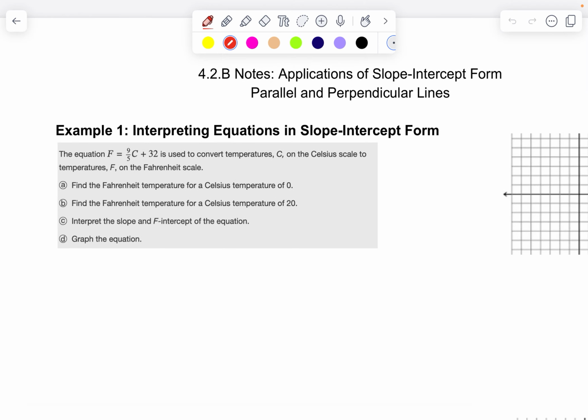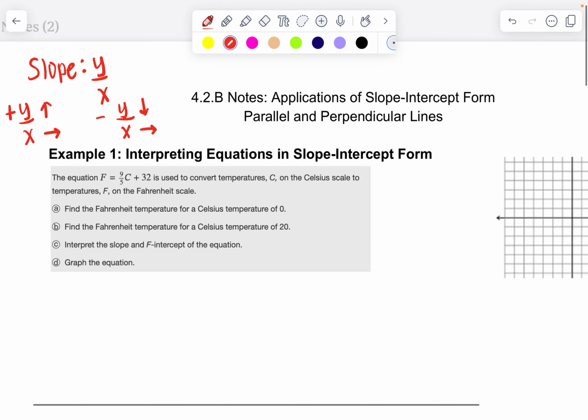So recall for slope, it's the y over the x. If slope is positive, that means y goes up and x goes up. If slope is negative, that means y goes down as x goes up.